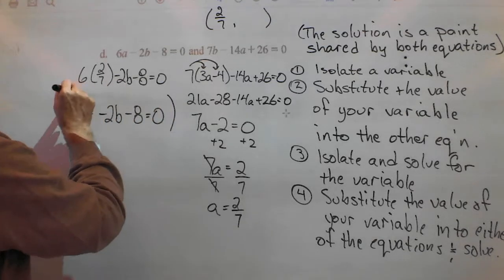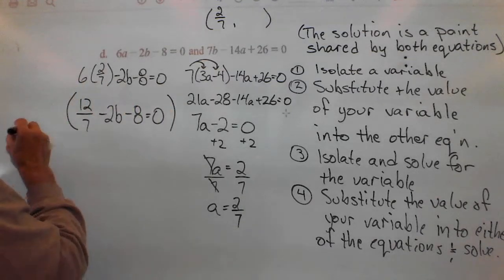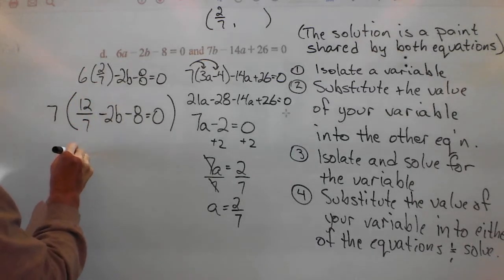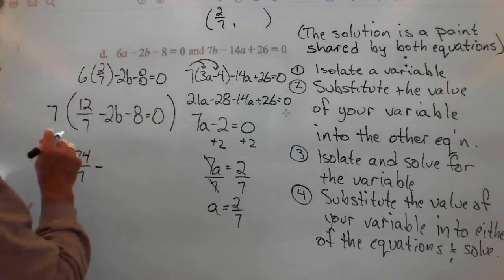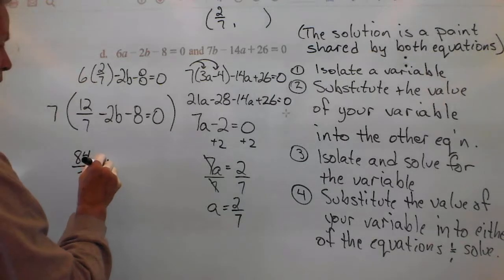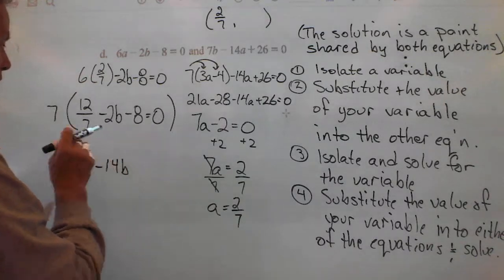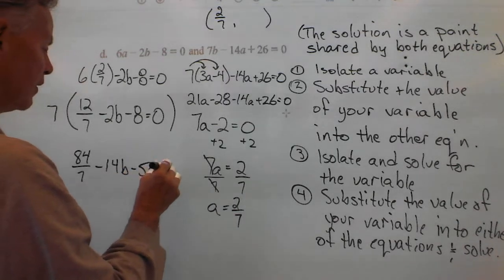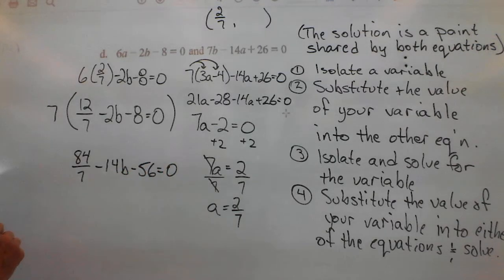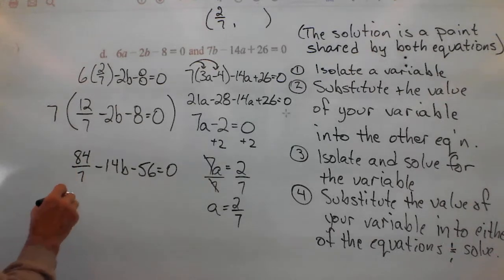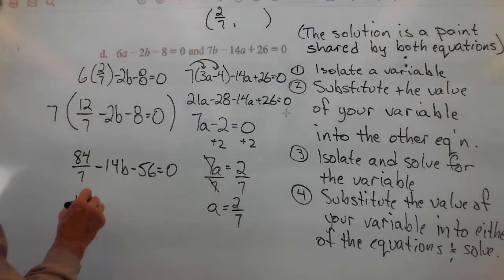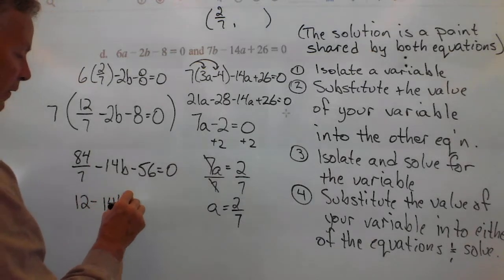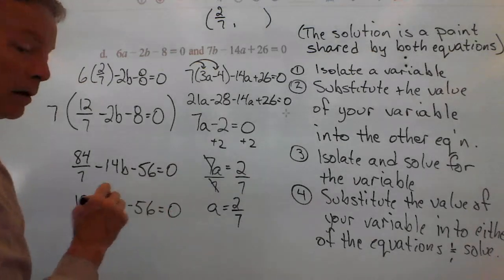So we're going to multiply everything by 7. 7 times 12 is 84 over 7. 7 times minus 2 is minus 14b. 7 times minus 8 is minus 56 equals 0. And then 84 over 7 simplifies to 12. So you have 12 minus 14b minus 56 equals 0.